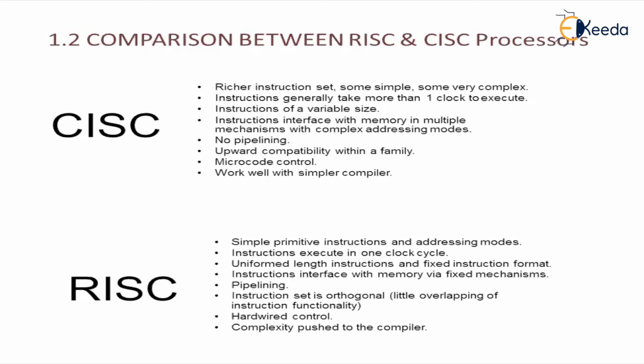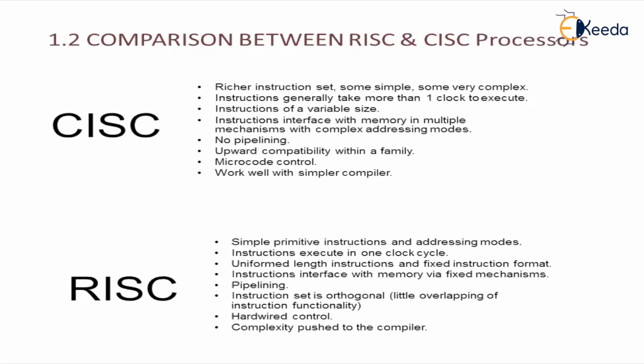Now let us go ahead and look at RISC. It has simple, primitive instructions, and fewer addressing modes were used. The instruction set executed in one clock cycle. So when you look at CISC, it required more than one clock cycle.